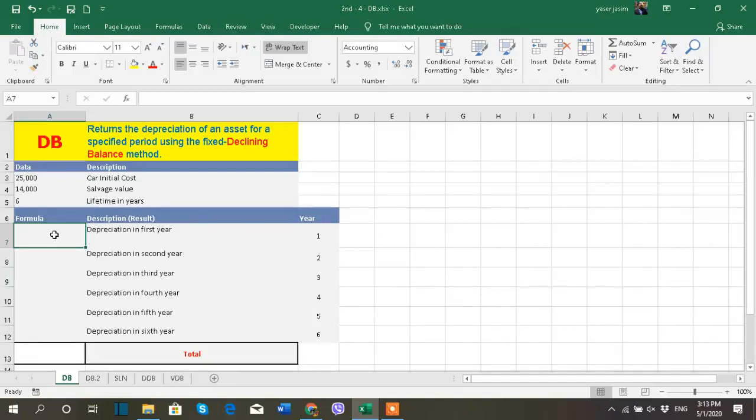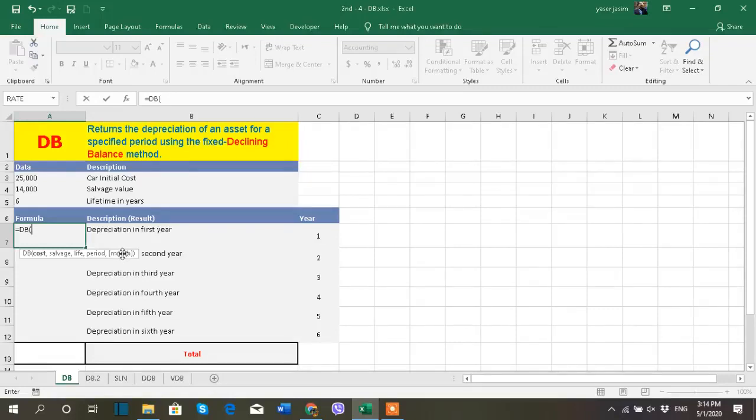I can write it from here, the DB function, and double click. You're going to see all the arguments or parameters you need: cost, salvage, life, period, and the square brackets mean that this one is optional.